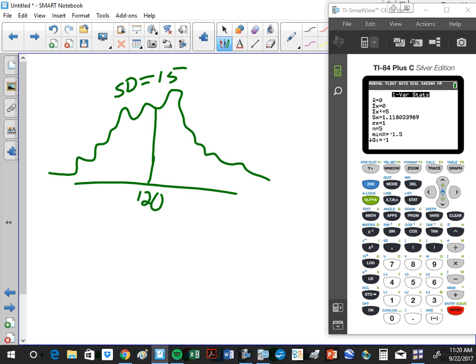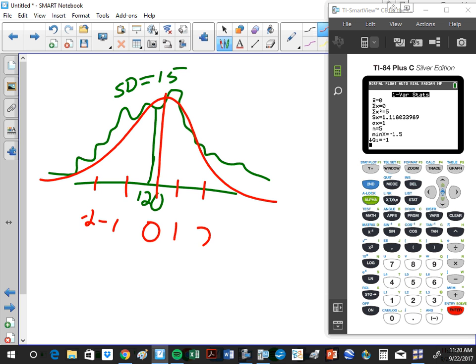Our job is to throw that away. And what do I turn it into? I turn it into 0 with a 1, negative 1 and a 1, a negative 2 and a 2, and a negative 3 and a 3.